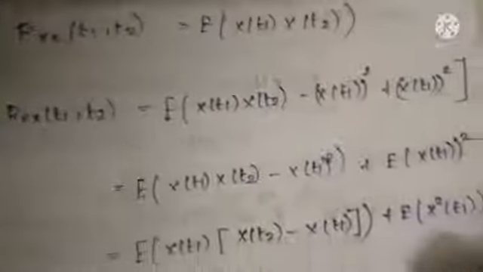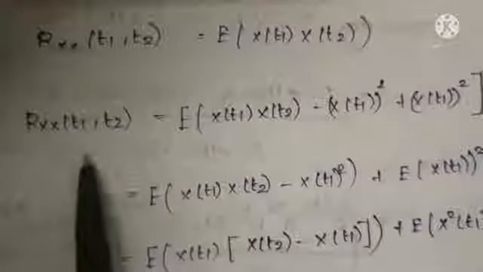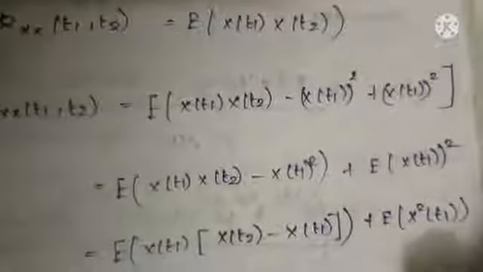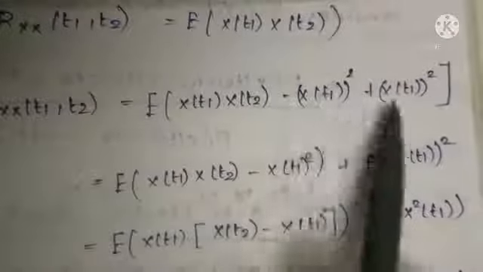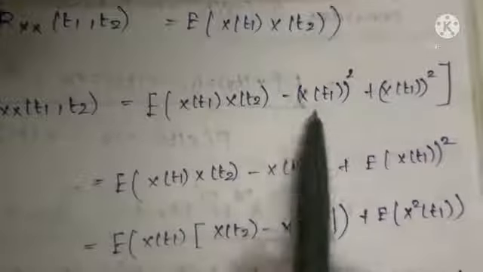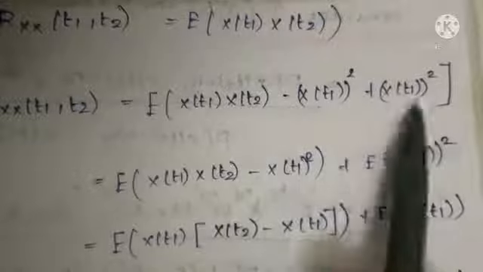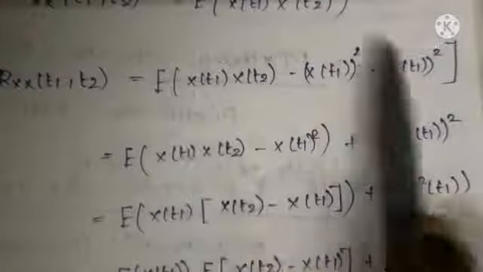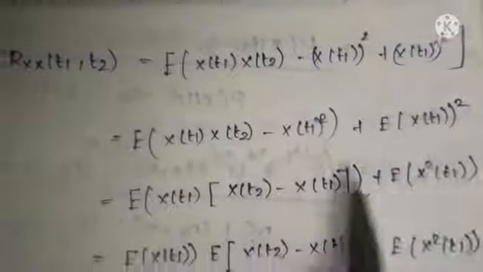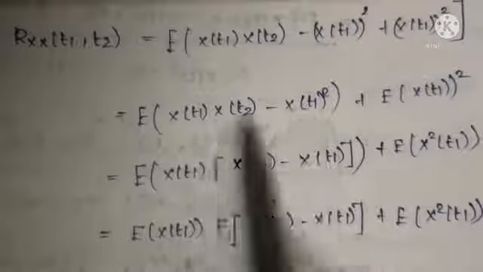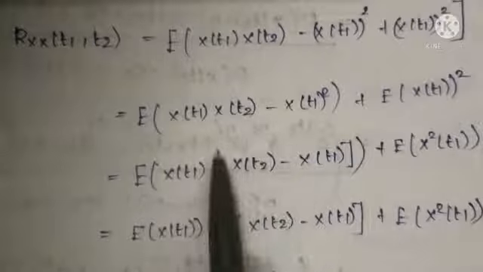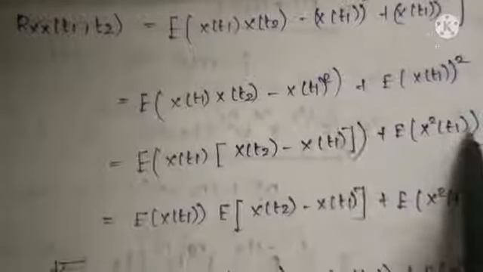To find autocorrelation of Poisson process, I subtract and add x of t1 the whole square. I keep these two together, and this becomes expectation of. From these two, if I take x of t1 common, I will get this answer, right?